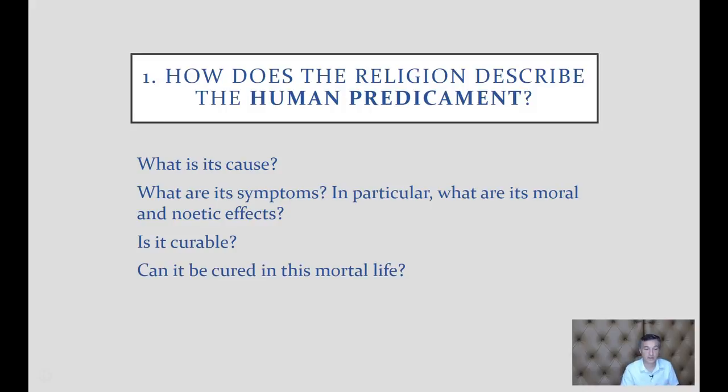What about the noetic effects? Okay, so noetic has to do with the mind, and so what does the religion say about how the human predicament affects our thinking, our desires, our emotions, our will? What are the symptoms that we can point to as, yep, that's part of the problem right there?